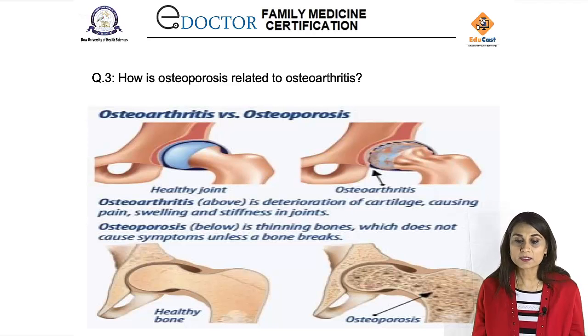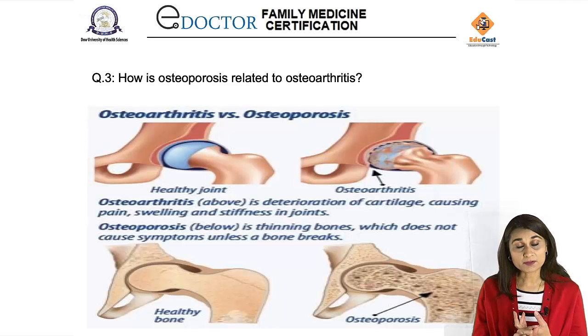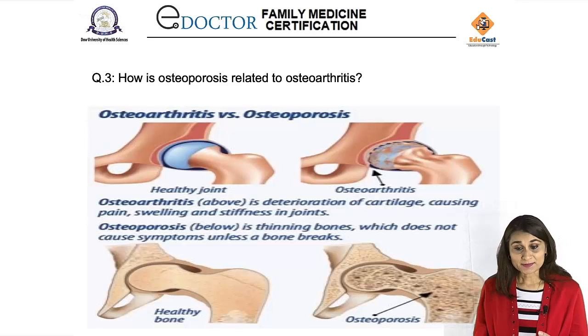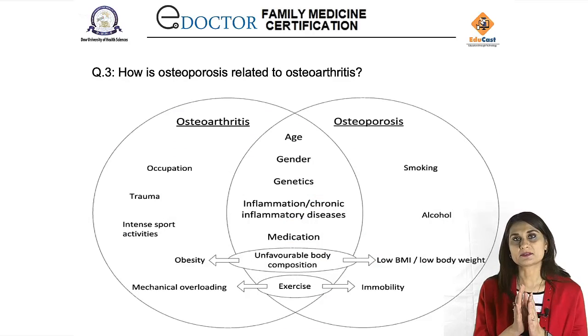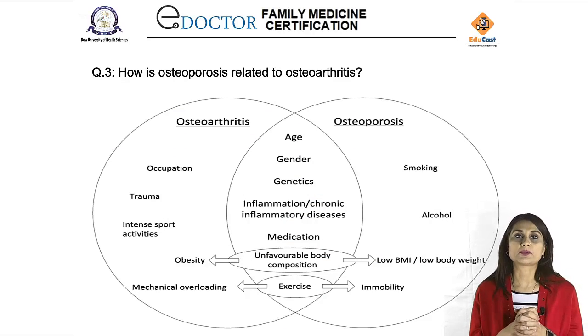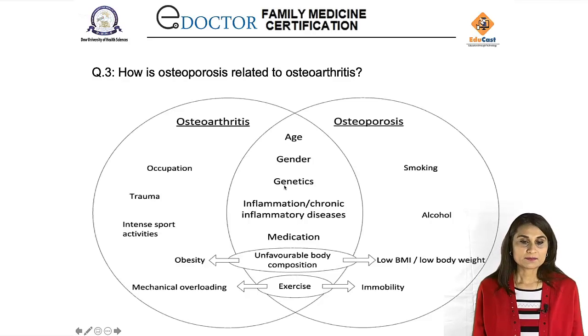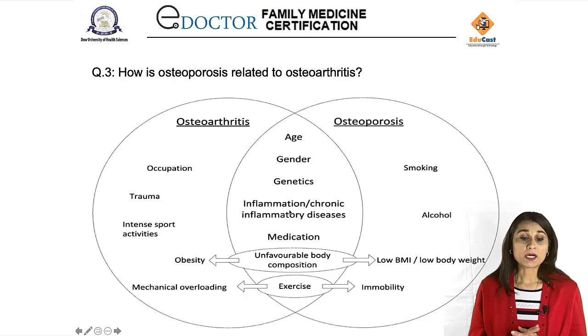They are entirely different diseases, and they have similarity in their names, but they develop differently. They have different symptoms, they are diagnosed differently, and they are treated differently. But they do have some risk factors in common for both of them, like age, gender, genetics, inflammation or chronic inflammatory diseases, some medications, and then unfavorable body composition.